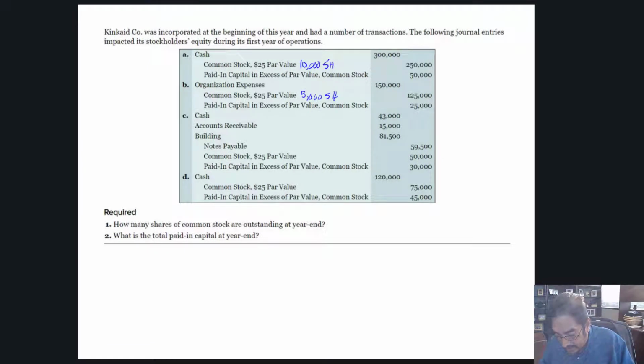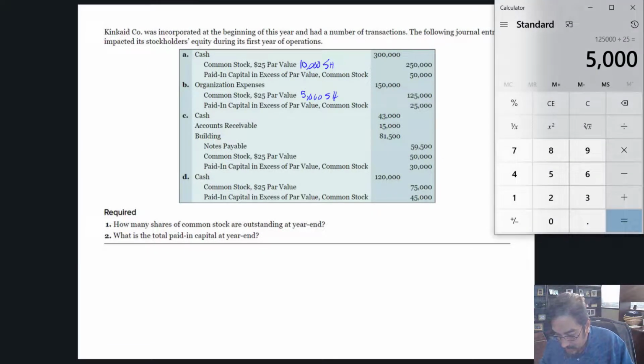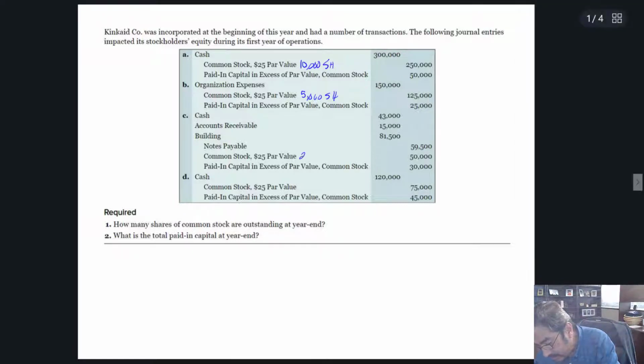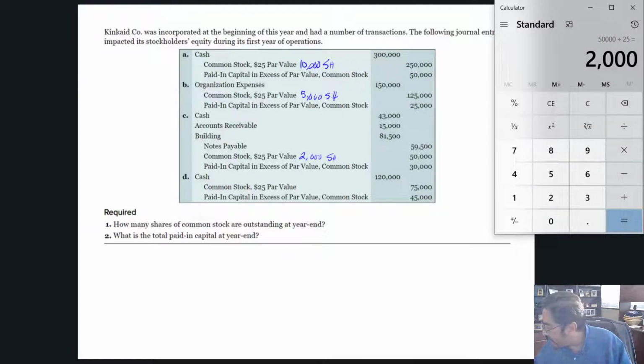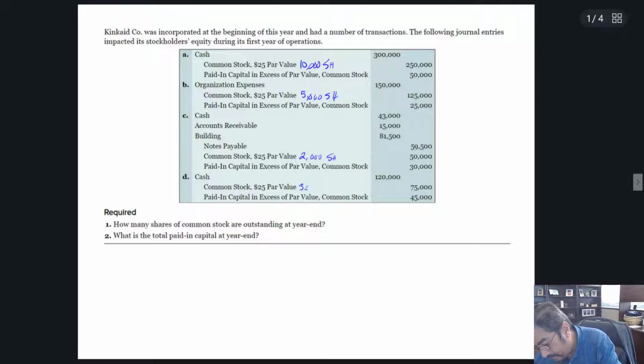And then we've got $50,000 divided by the $25 par value. That's 2,000 shares. And then we've got $75,000 divided by the $25 par value. That's 3,000 shares.